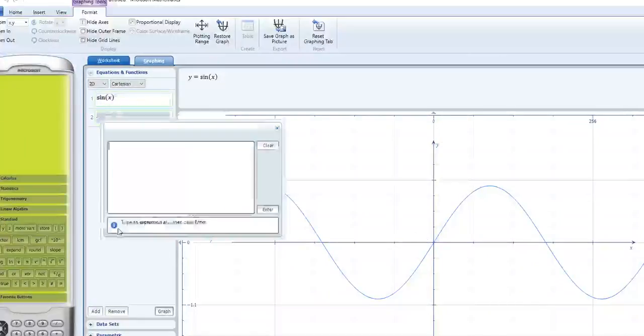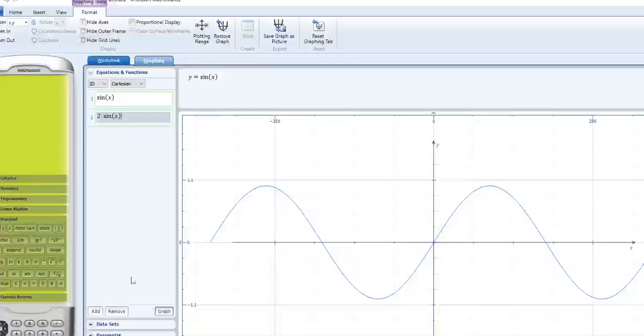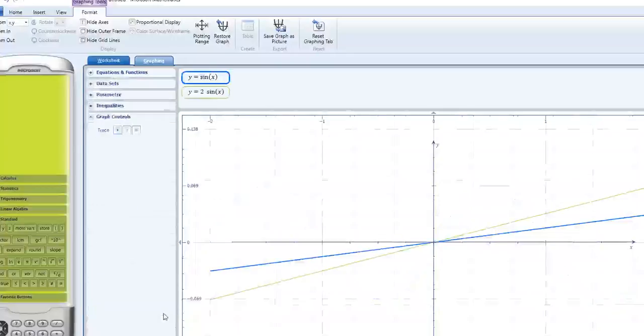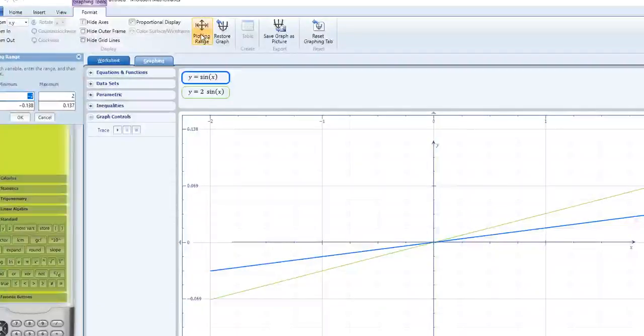Now we could do our graph of 2 sine x, and we say graph. And once again, it changes the plotting range. I don't know why. There should be an auto. I really don't know why it always decides to do that.